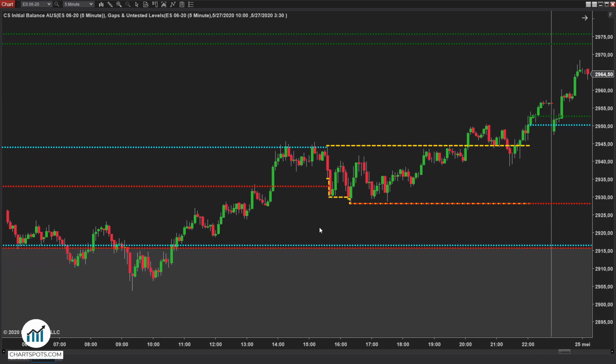So here you have a very similar story. This one was a bit more clean. This cyan line here is the prior close, or one of the prior closes, and the high early in the morning is exactly one tick above that level.